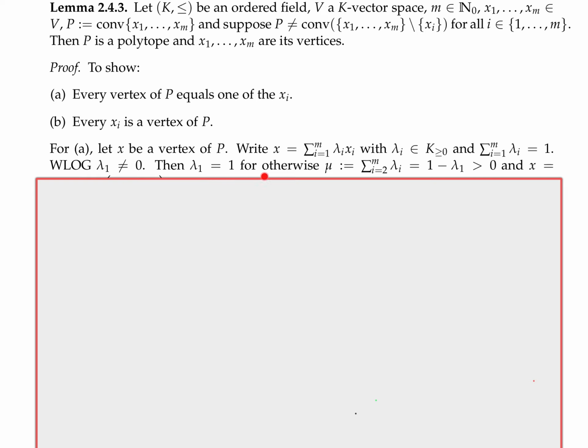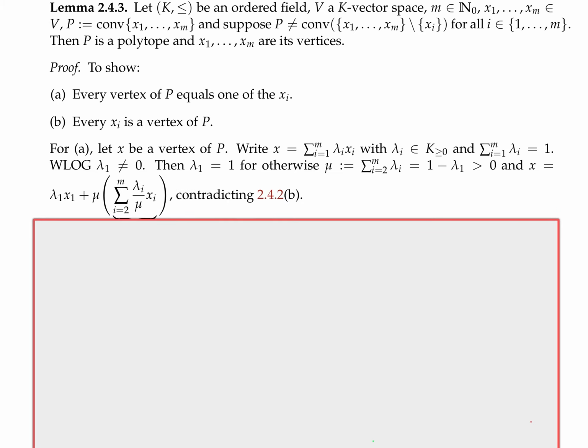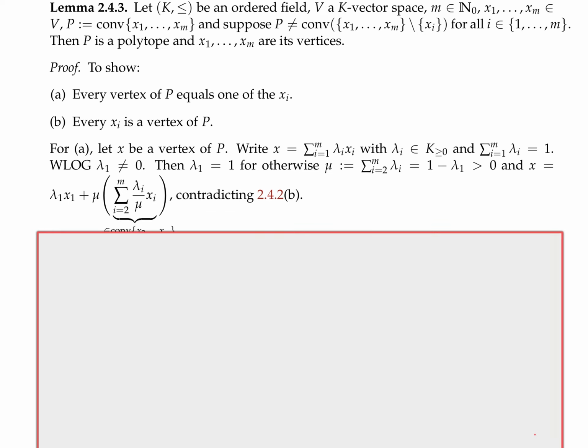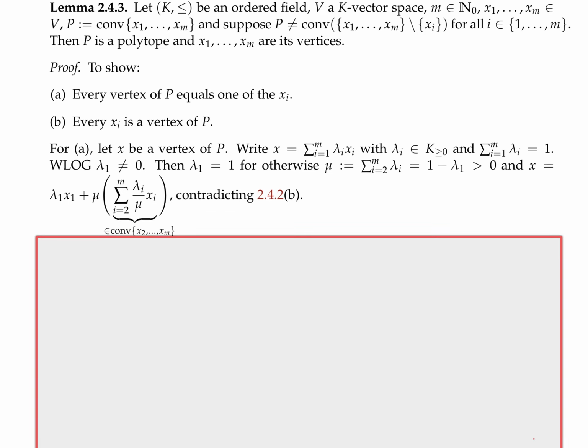For otherwise, I could define mu as the sum of the remaining lambda i, and that's 1 minus lambda 1, and that would be bigger than 0, right? If lambda 1 is not 1, then it's strictly smaller than 1, and then 1 minus lambda 1 is strictly bigger than 0. And then I could write x as a proper linear combination of x1 and this element.